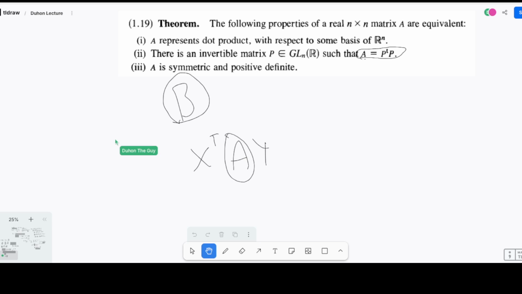Now, on one hand, the matrix A of the form is going to be equal to <x,y>.